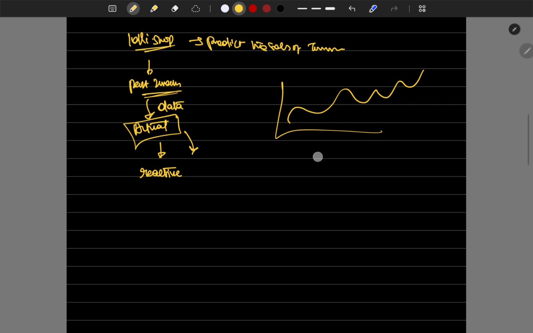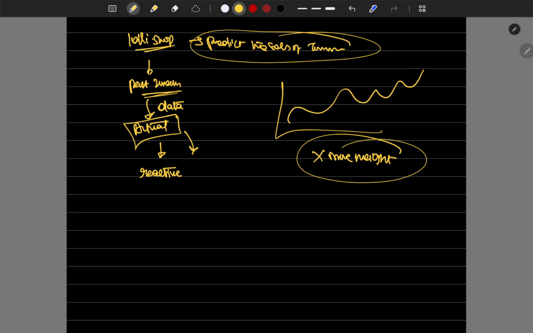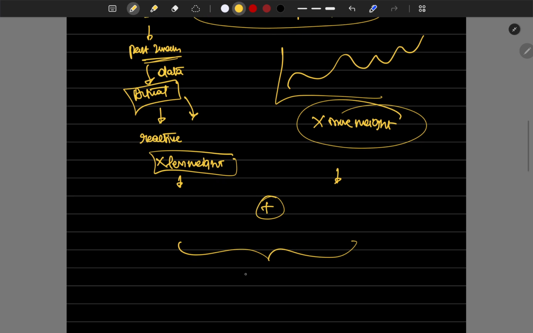So I am giving more weight to the trend data and less weight to the actual data. If you total this, you will get the forecast of the future, that is tomorrow.